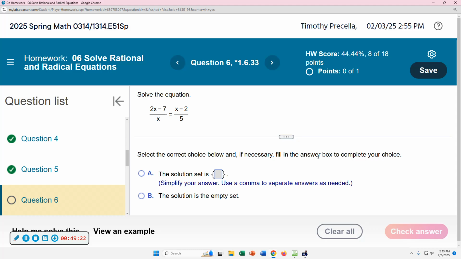Okay, we have the fraction 2x minus 7 all over x is equal to x minus 2 all over 5.